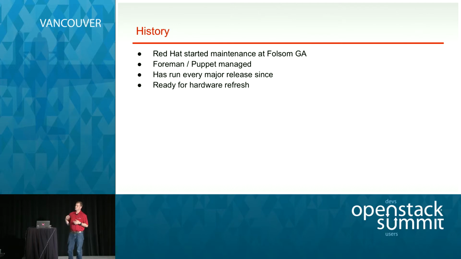Great. So TryStack itself is managed by Foreman and Puppet at this point, and our intent is in the future to move to RDO Manager. We're working through that transition right now, but under the covers, it's all using the same Puppet modules, the same StackForge modules. As a part of RDO, Red Hat works really hard to take the StackForge Puppet modules and test them and vet them, and then we roll them into an RPM we call OpenStack Puppet modules.